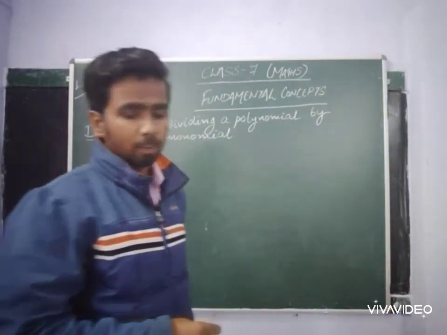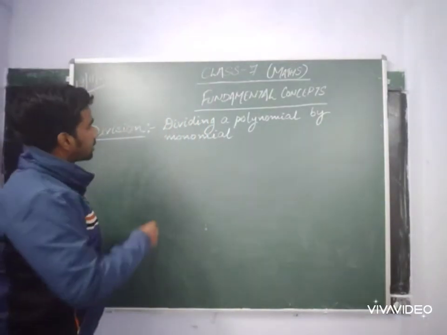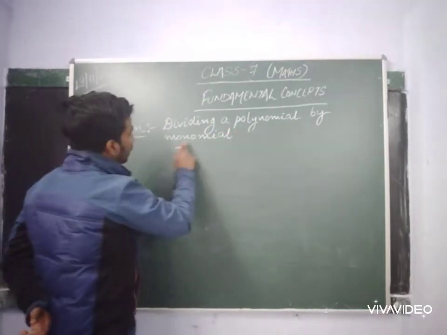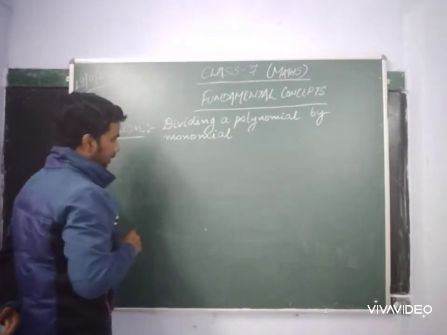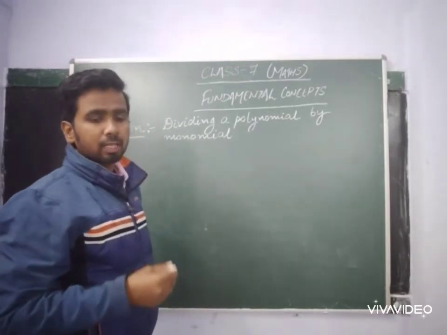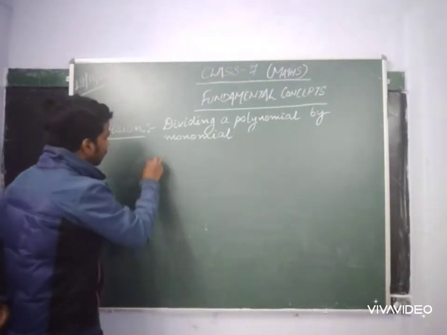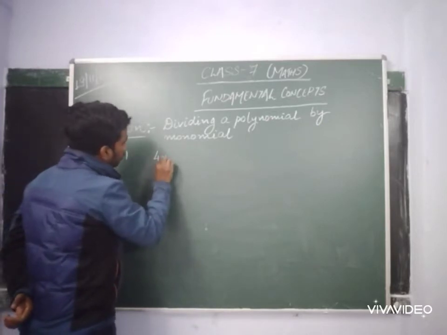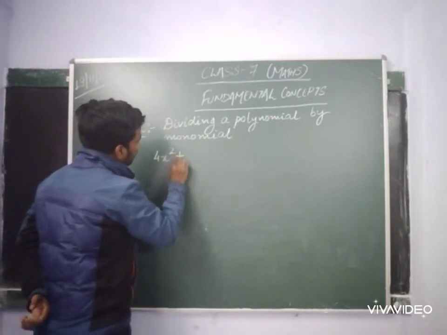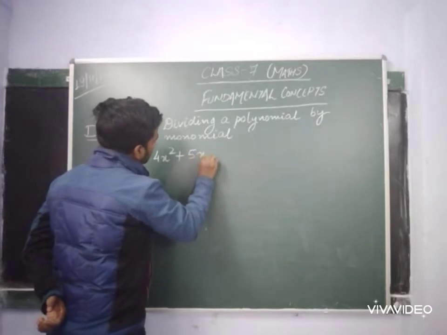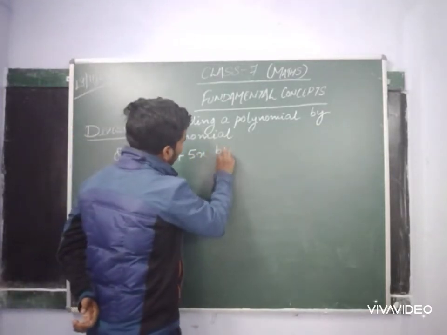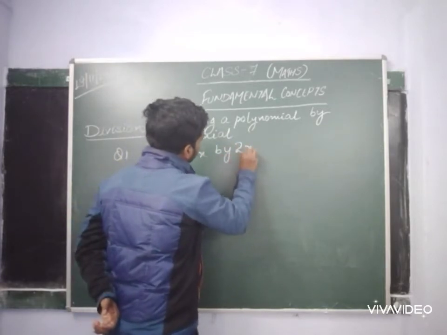So our next topic is, we are seeing a division of a polynomial by a monomial. Clear? Let's take a question and we will understand with it. For example, question number 1 is given 4x square plus 5x. Okay, and you have to divide it by 2x.